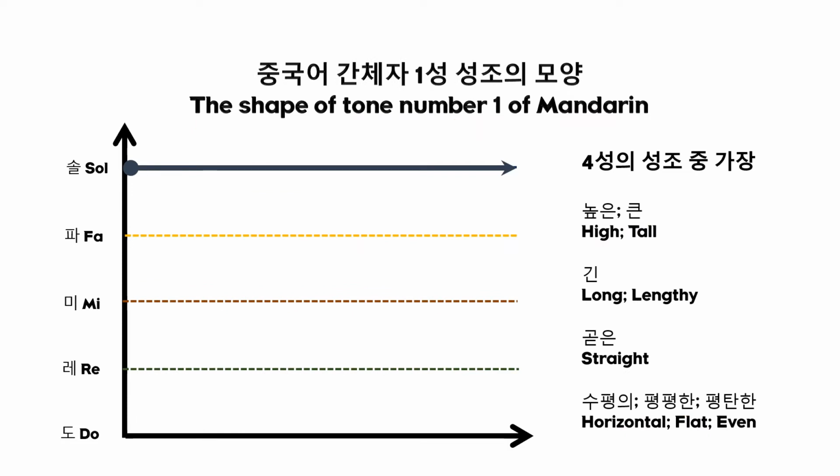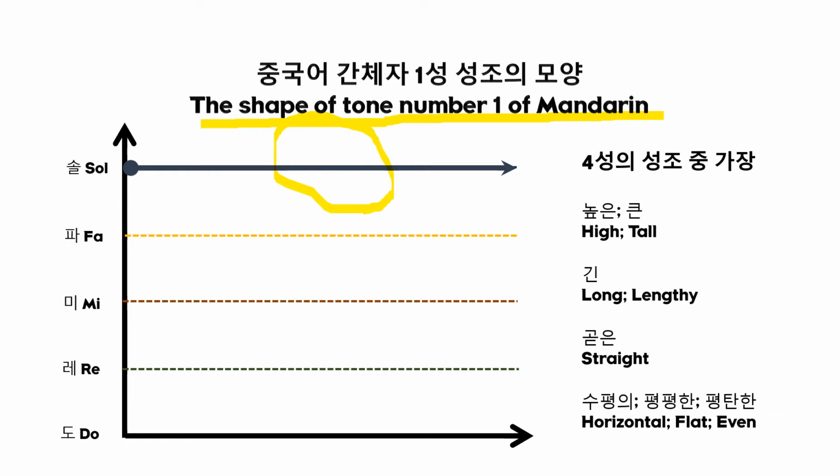We are going to start from the shape of tone number 1 of Mandarin. Tone number 1, the shape just like this, sol tone. We are going to derive from this shape the 4 major concepts.